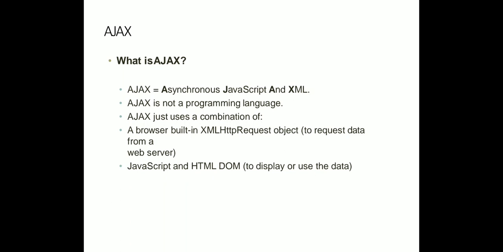Many times only a small part of a particular web page needs to be updated. At that time, there is no need to refresh or load the whole page again. So at that time Ajax comes to help you.